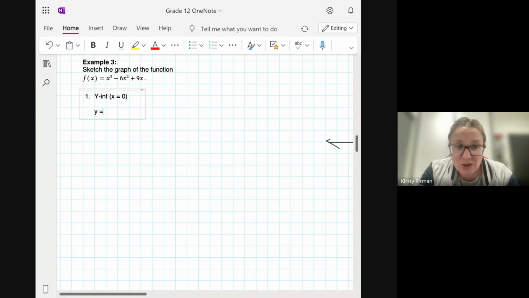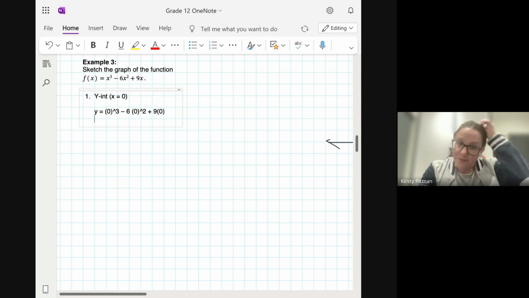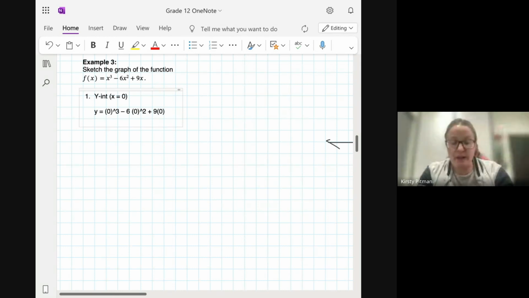It's not a train smash. Y equals, open brackets, 0 to the power of 3 minus 6 times 0 to the power of 2 plus 9 times 0. When I do that, I see that y is equal to 0.